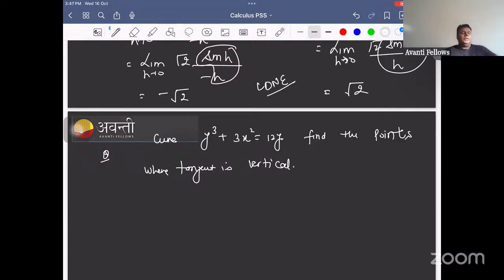Do it. On the curve, find the points where the tangent is vertical. Yes, quickly.